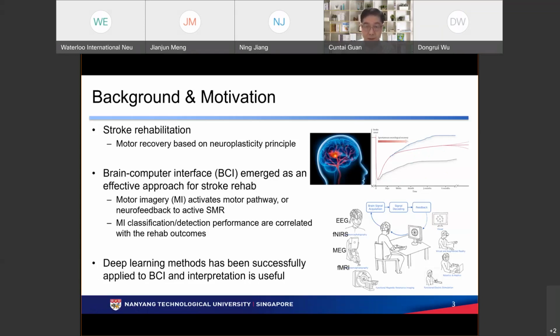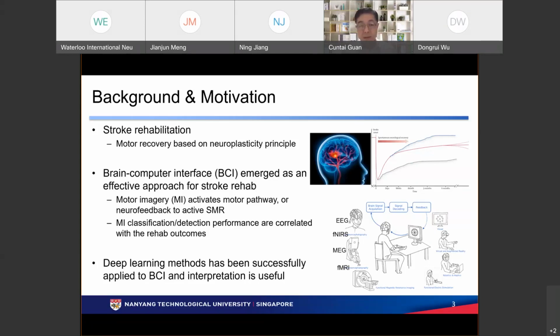So there are technologies in clinics which are useful for them to recover and train their motor functions, for instance robotics and so on. But we still need more alternatives for patients to recover, and BCI provides one of the very promising options.